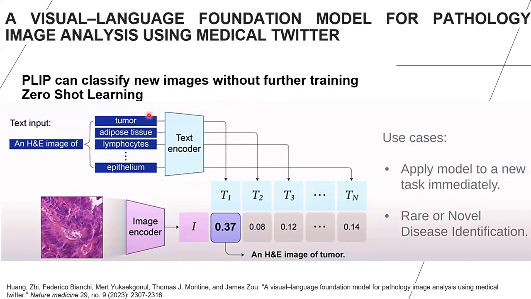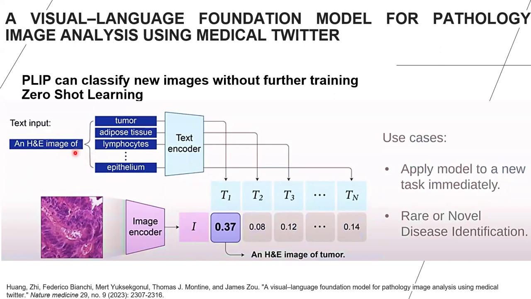This is the quality of PLIP that we have already studied: it has the capability of zero-shot learning. Zero-shot means if a class is not present in the training set or support set, the model still has the capability to separate it from the rest of the classes and not place it in the wrong class. That is the capability of zero-shot learning.